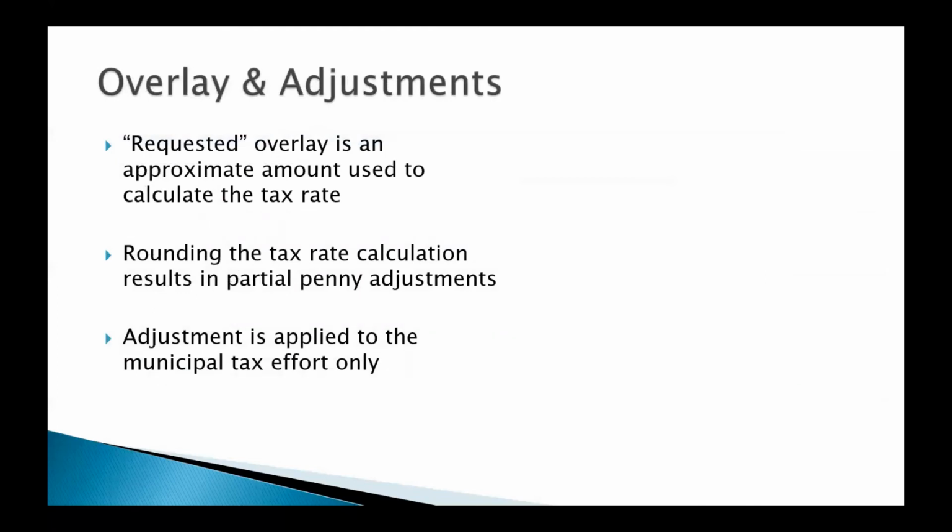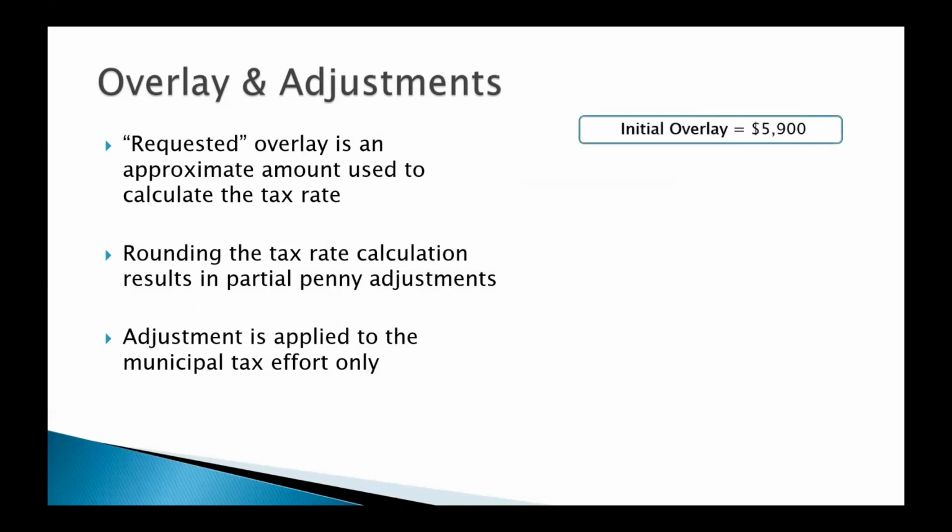So the requested overlay is what you put on your 434. And again, the overlay is the kind of extra money that you're using to account for delinquencies, folks that aren't paying their taxes, late tax payments, that sort of thing. So that's extra money. So you can adjust that accordingly.